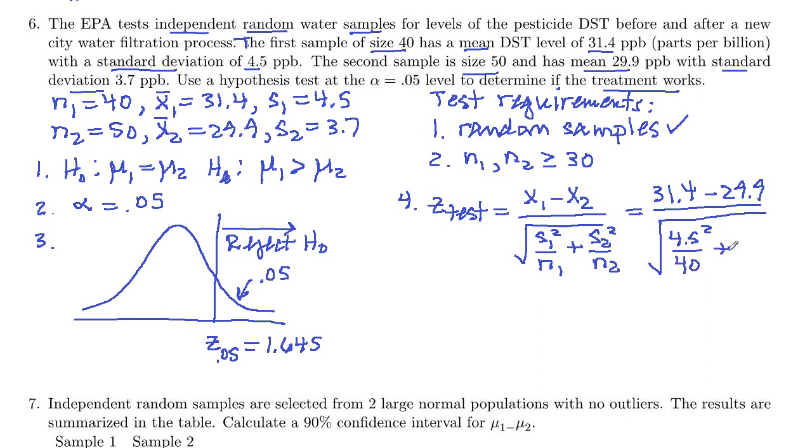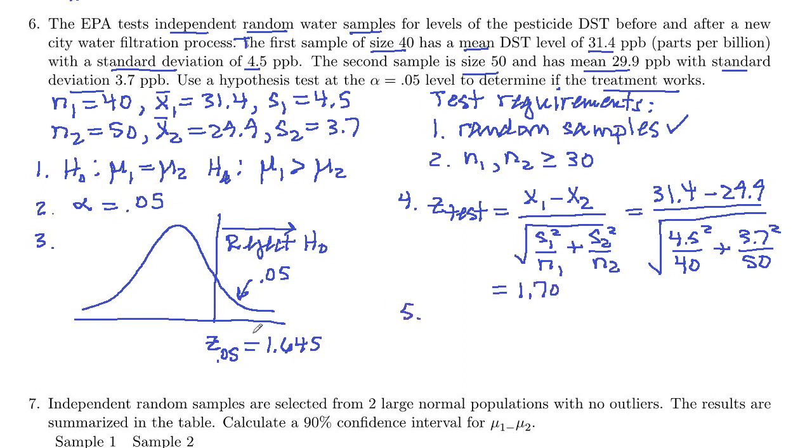And then plus the second standard deviation, 3.7. So 3.7 squared and divide by sample size of 50. And then if you plug that into the calculator, you will get 1.70 to 2 decimal places.